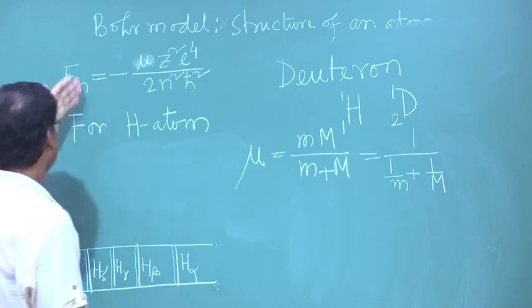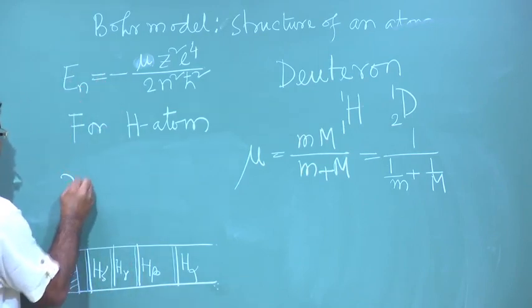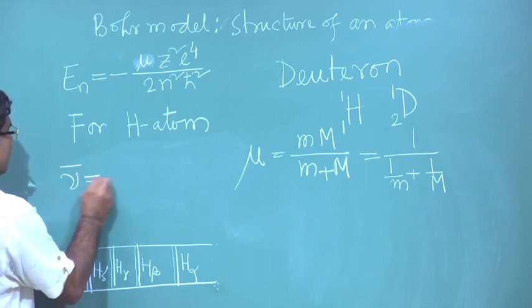Now, for spectral line we used basically nu bar, right. What was that?